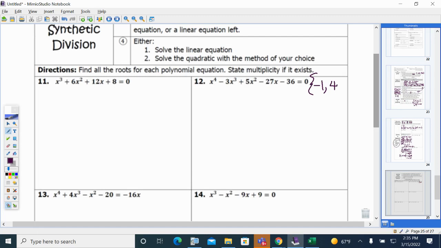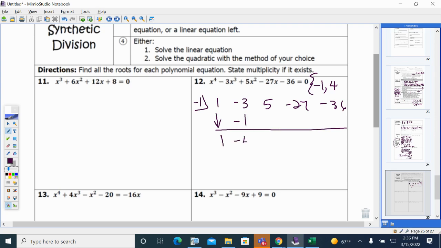So I'm going to synthetically divide those out of this quartic polynomial using synthetic division. Let's bring down the 1, multiply, add, multiply, add, multiply, add, multiply, add.